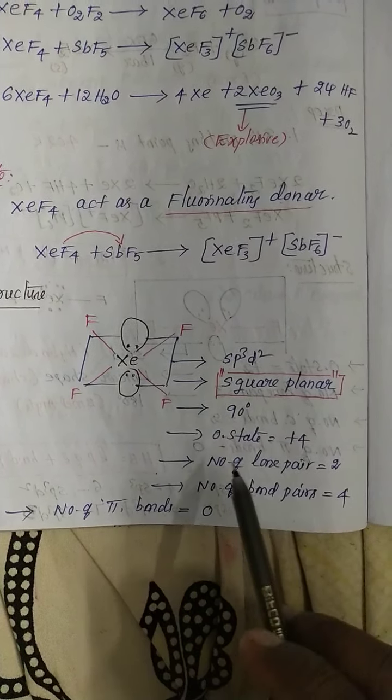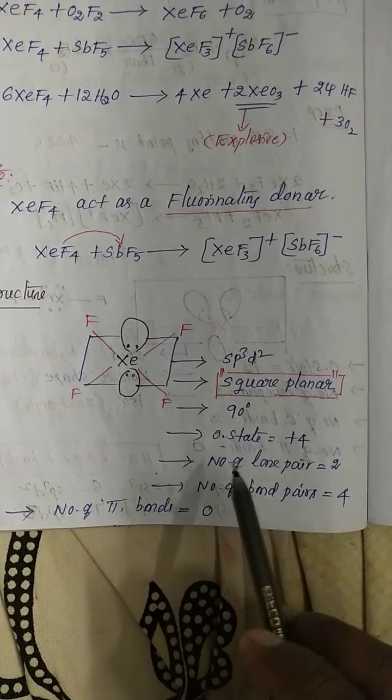Now see here, whenever xenon hexafluoride reacts with metal fluorides, any metal fluoride, here M stands for sodium, potassium, rubidium, cesium. The xenon hexafluoride easily accepts fluorine from the metal fluoride. That's why xenon hexafluoride acts as a fluorinating acceptor. Important point. So now what happened? M plus is donated, and XeF7 minus forms.